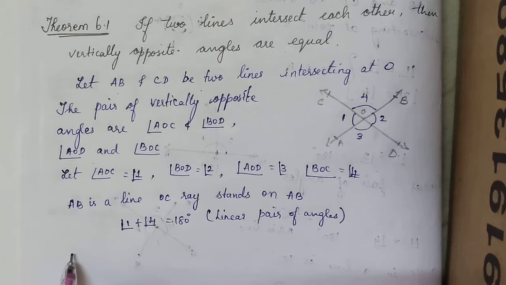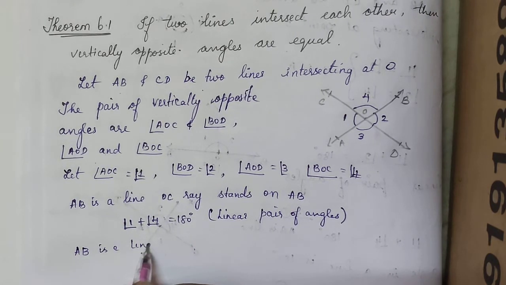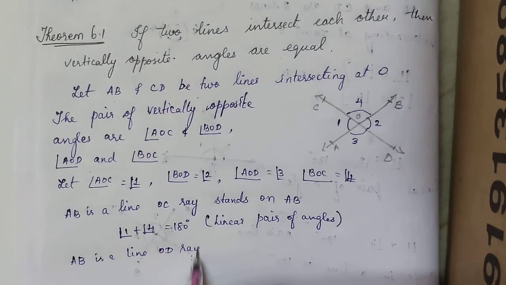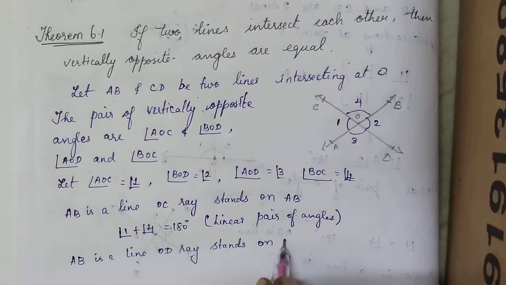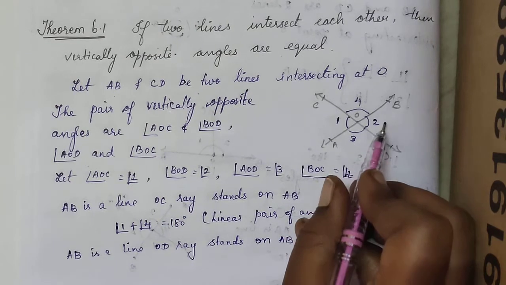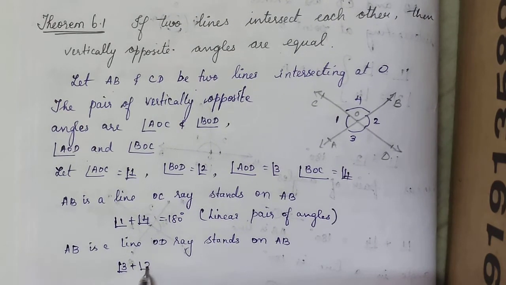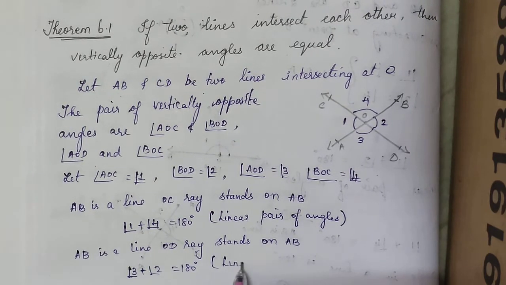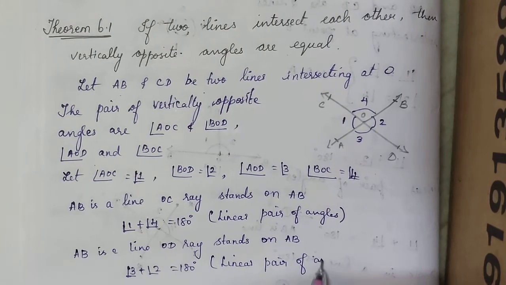Next, same AB is a line. Next, ray OD stands on AB. Now OD means angle 3 and angle 2. Now angle 3 plus angle 2 is equal to 180. This is also a linear pair of angles.